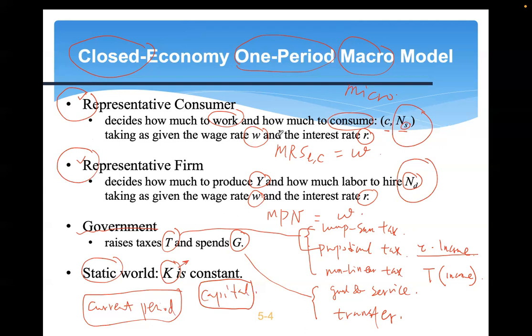For the consumer, we just study how they are going to decide their labor supply, how they are going to respond to wage change. For the producer or firm, we study how their labor demand is going to respond to wage change. And both sides take price as given, meaning they take wage as given. We don't know where the wage comes from.